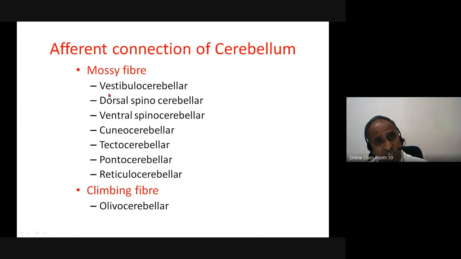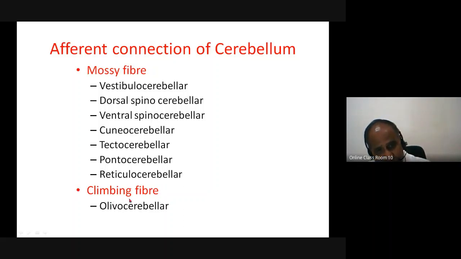Their composition is from the vestibular system, vestibulocerebellar tract, dorsal spinocerebellar tract, ventral spinocerebellar tract, cuneocerebellar tract, that is from the head and neck region, tectocerebellar tract from the colliculus or tectum, then pontocerebellar tract, that is from the corticopontine fibers, and reticulocerebellar tract. So these are 1, 2, 3, 4, 5, 6, 7, more than 7 signals going through the mossy fibers.